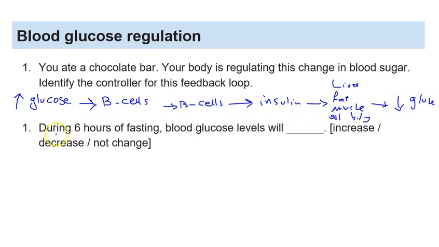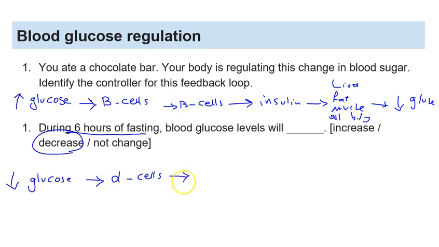Another example says during 6 hours of fasting, blood glucose level will... When you're fasting, it means that your blood glucose level decreases, right? Let's practice. When we have a decrease in blood glucose level, what would be our sensor or receptor? The alpha cells of the pancreas. What would be our controller?